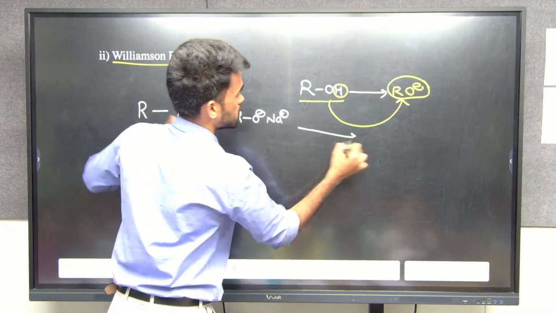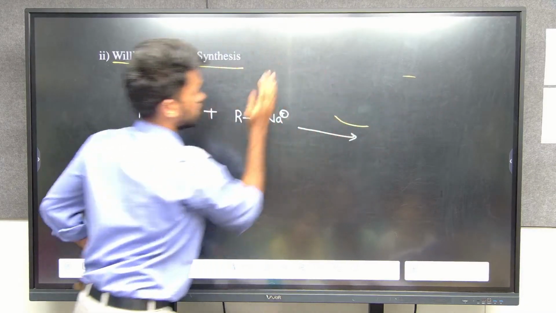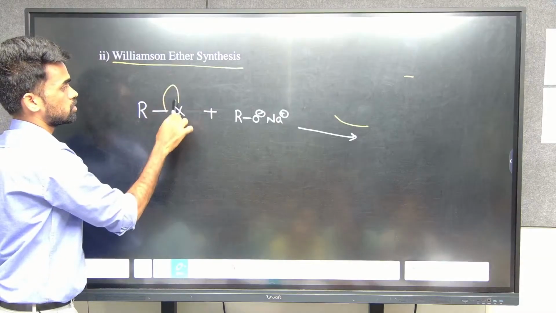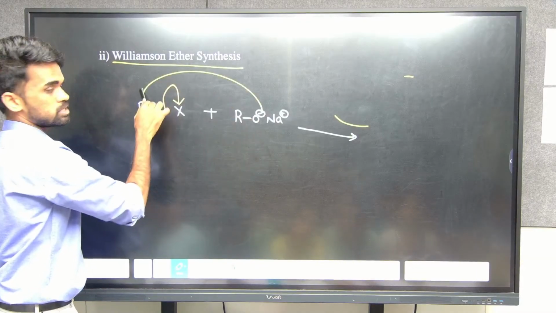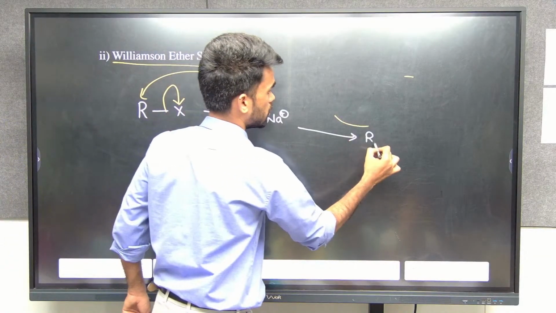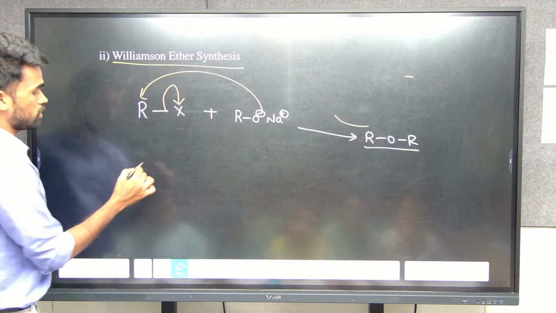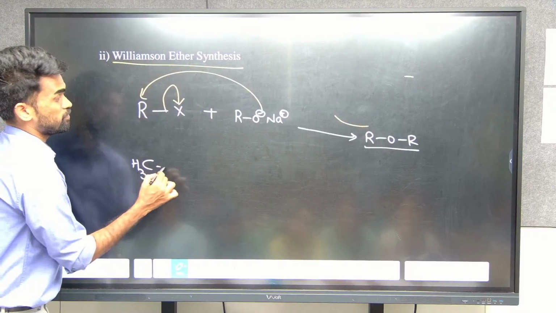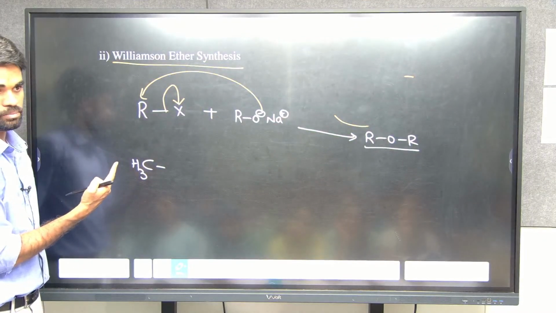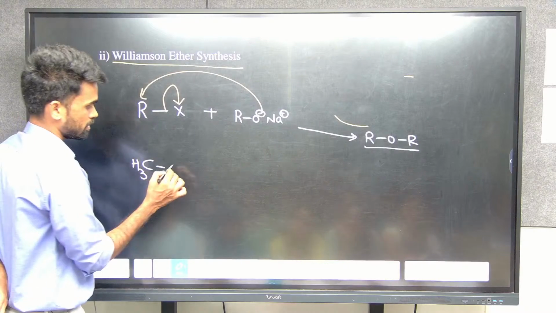So now what happens, tell me? The X group comes out, the alkoxide attacks, and it forms R-O-R. Finally you got your product. Now tell me, a favorite reaction for the NEET exam. Listen.